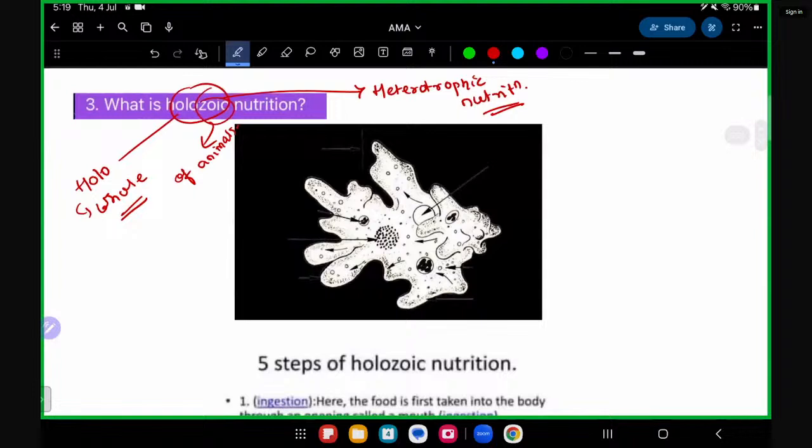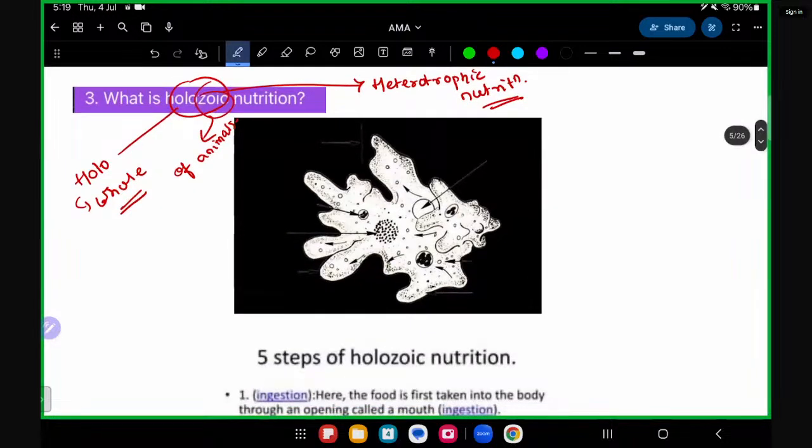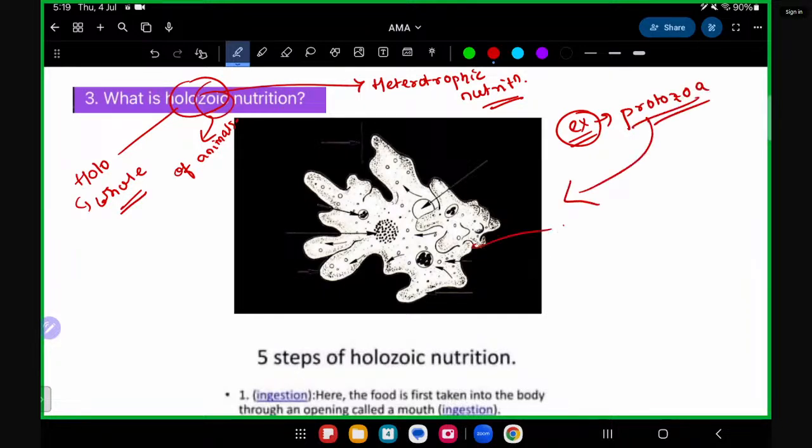It is characterized by the internalization, that is the ingestion of food, and internal processing of liquid and solid particles. What are the examples? First is protozoa. For protozoa, the example is amoeba. You can see the parts. This is the pseudopods.